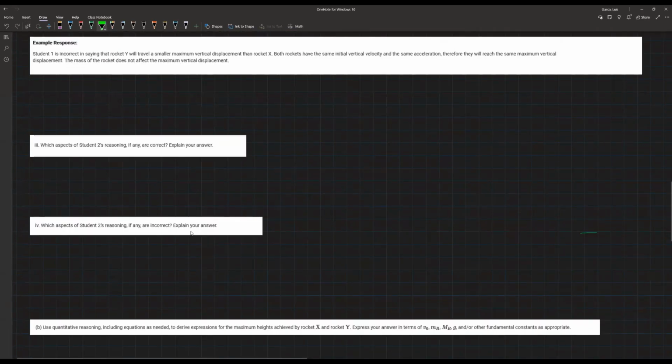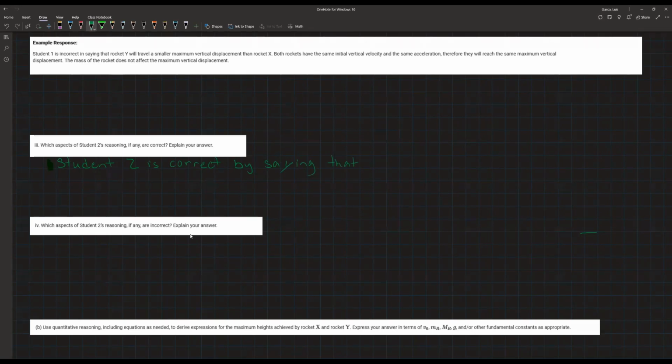Okay. So we're going to say here that student 2 is correct in saying, whoa, let's change the color of that. Student 2 is correct by saying, whoa, my pen is waking up. There we go.